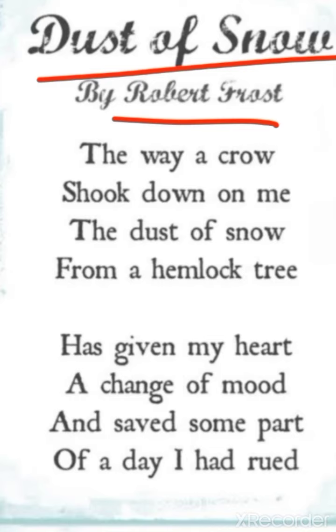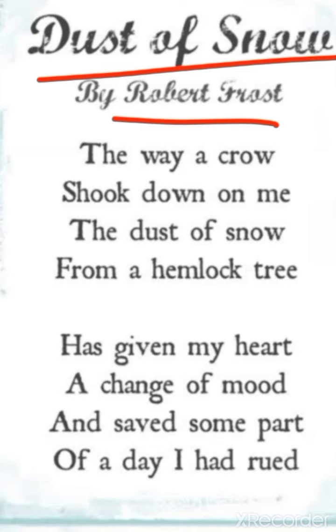But then why has the poet used these two creatures, the crow which is symbolized with such negativity, and the hemlock tree which is a poisonous tree? Why has the poet used this? Because here these two, the crow and the hemlock tree, symbolize the poet's mood, the poet's dilemma.